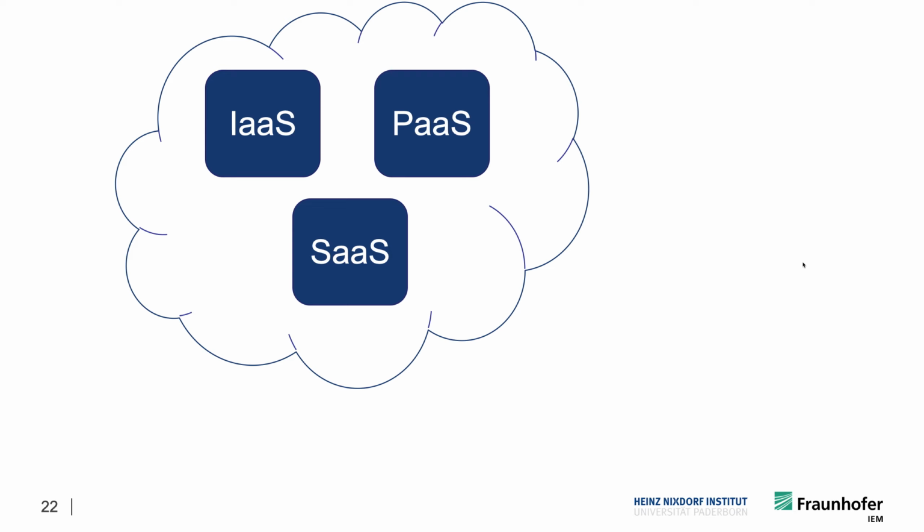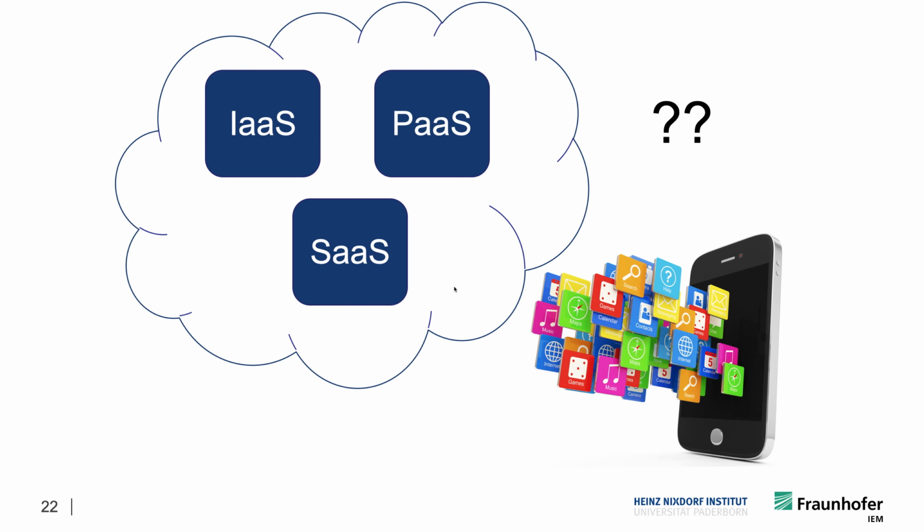So there are different cloud service offerings, and by now there are even many more. But back then, what was out there was infrastructure as a service, platform as a service, and software as a service. And there are many different apps, and there are still many more these days that were actually making use of these cloud services.